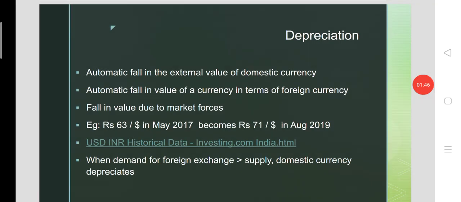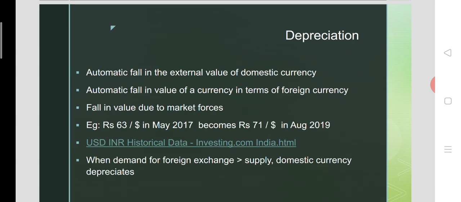So depreciation refers to the decline in the value of the currency in terms of foreign currency due to the market forces. For example, in May 2017, price of $1 in terms of Indian rupee was 63 rupees per $1.